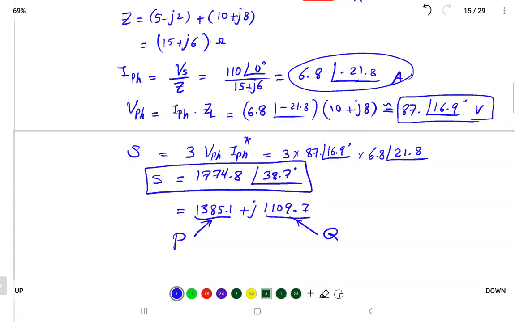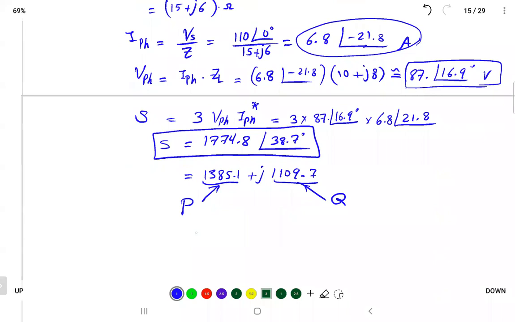Done. Let's say that they ask about the power factor of the load, only of the load. I can divide the active power magnitude by the apparent power magnitude. So I have 1385.1 divided by the magnitude of S, 1774.8, and I get the power factor.